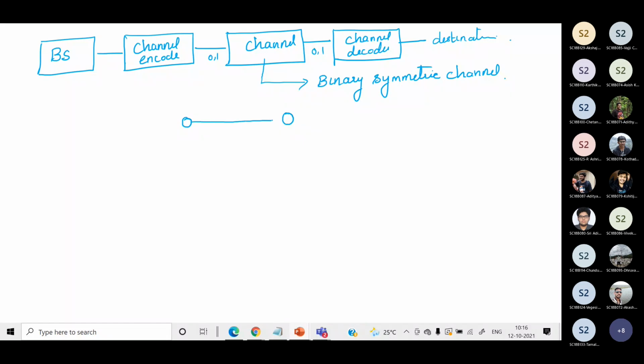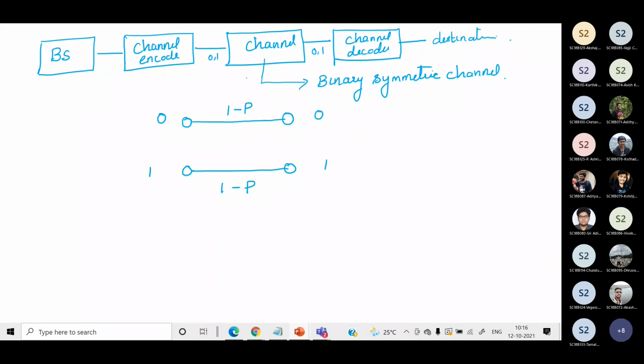The probability here is taken as 1 minus p. The probability of 0 input, 0 output is 1 minus p. Similarly, the probability of 1 to 1 is 1 minus p.